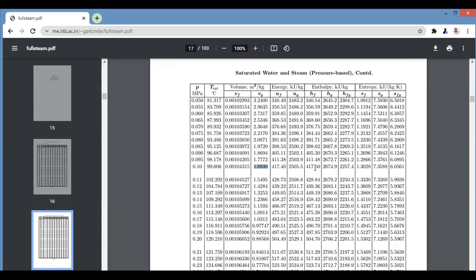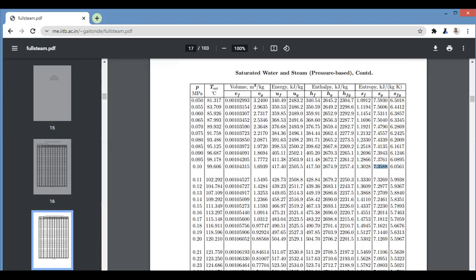The dry saturated steam at atmospheric pressure has a specific enthalpy of 2674.9 kilojoules per kg. This is not the entropy, this is the enthalpy. The specific entropy of dry saturated steam would be 7.3588 kilojoules per kg Kelvin.